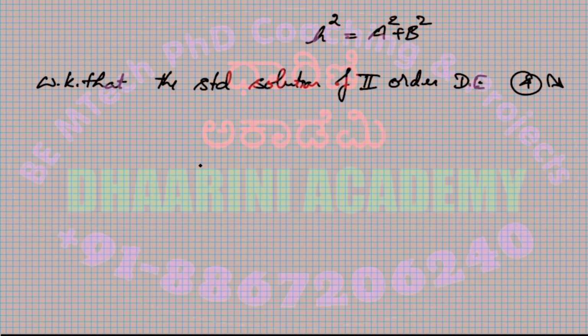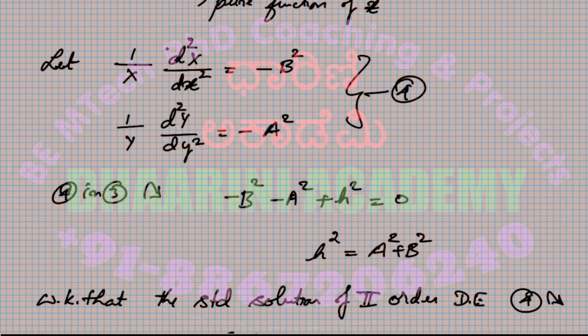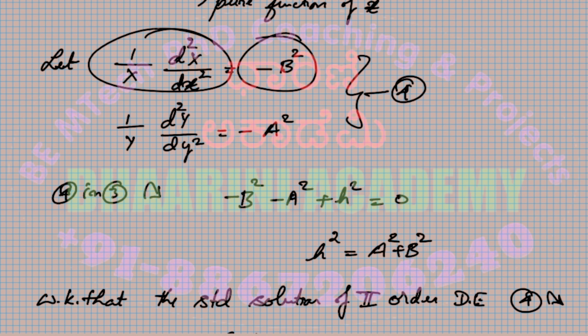So you see, the capital X will be, if you remember this, when I write, you will definitely be able to recall. That is a constant c1 into cos bx. b is present over there because in my equation number 4 you can see that the right side has b square.